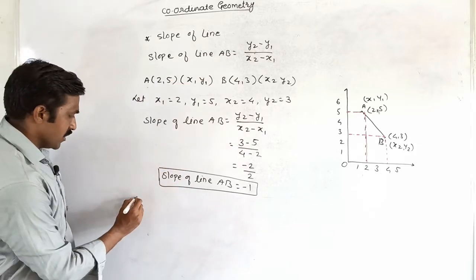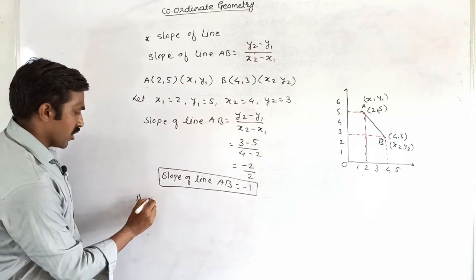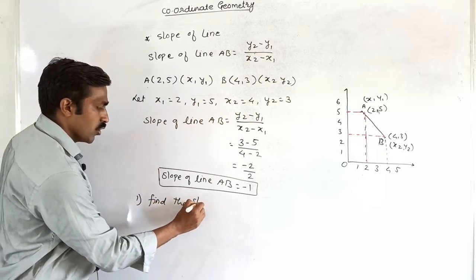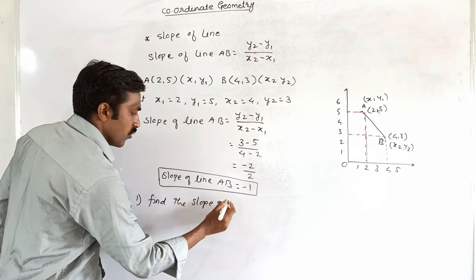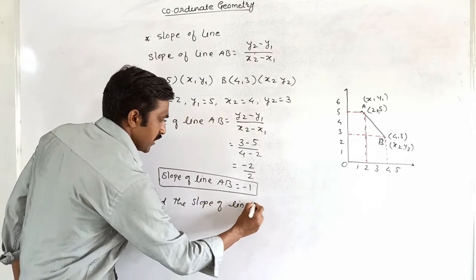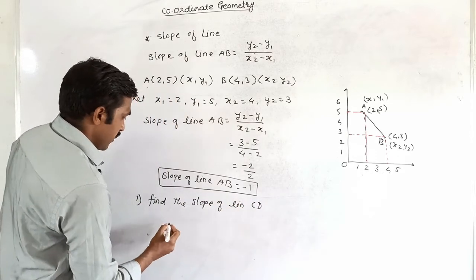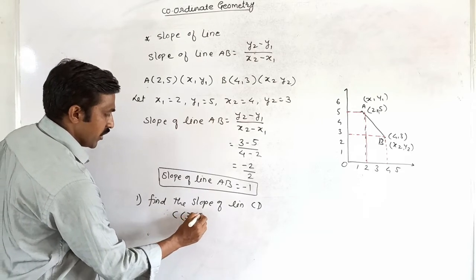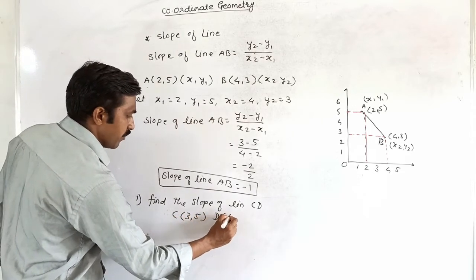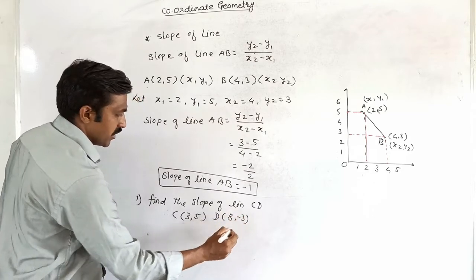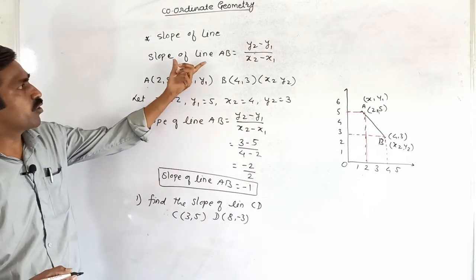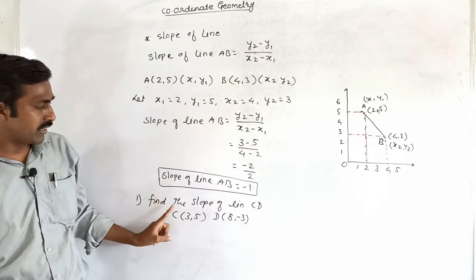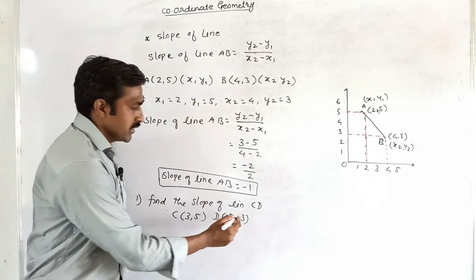Using this formula you can calculate other examples. For example, in the exam for 1 or 2 marks: find the slope of line CD, where the coordinate of C is (3, 5) and the coordinate of D is (8, minus 3). Using the slope formula, you can find the slope of line CD.